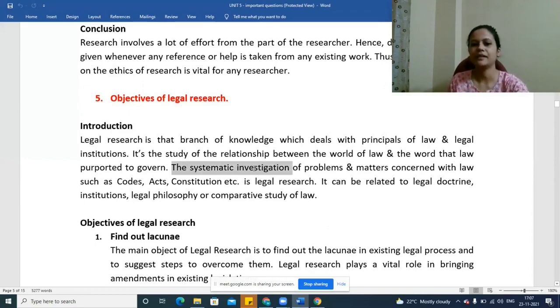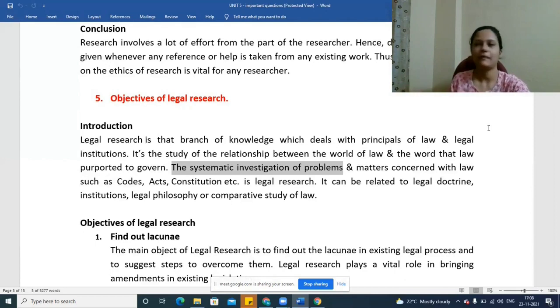It is nothing but a systematic investigation of problems and matters concerned with law. Most of the time, like yesterday we discussed the Law Commission of India. They are trying to investigate some problems that we are facing.